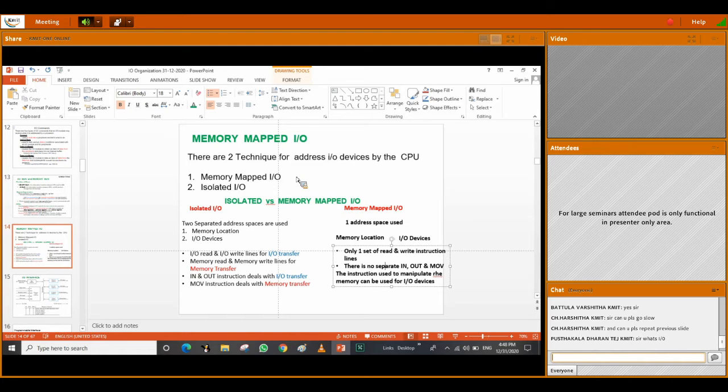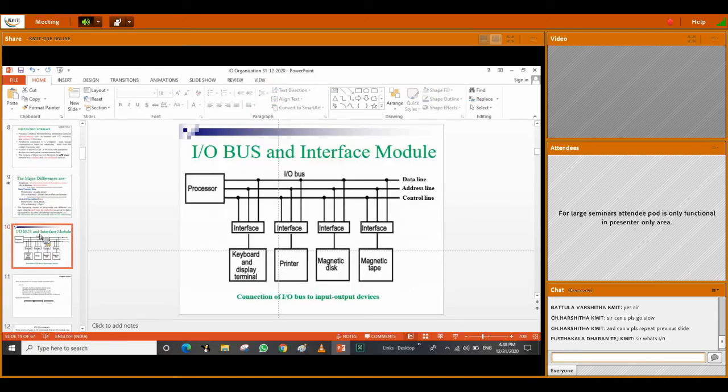Coming to isolated IO, there are two separate address spaces. For example, here we are using one IO bus.